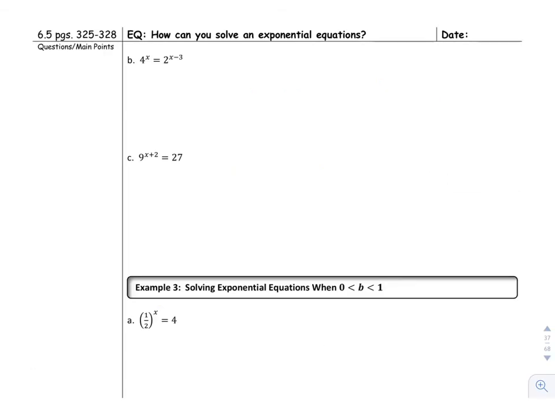For letter B, notice our bases are 4 and 2. So if we want to use the property, we have to make sure the bases are the same. So we're going to rewrite 4 to the x with a base of 2.